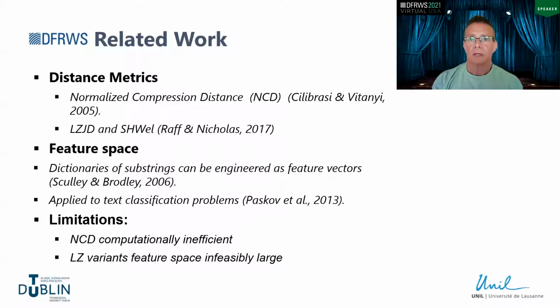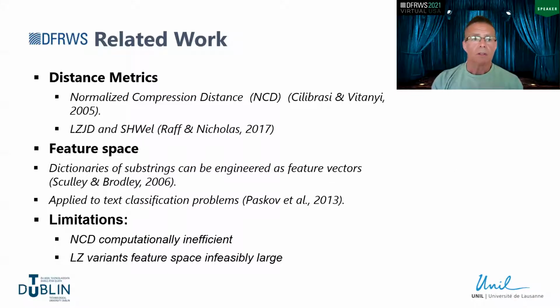So it's found to be an effective metric. The LZJD and Schwell algorithms were based on the Lempel-Ziv compression algorithm, and also were shown to be effective, particularly in the malware classification space.